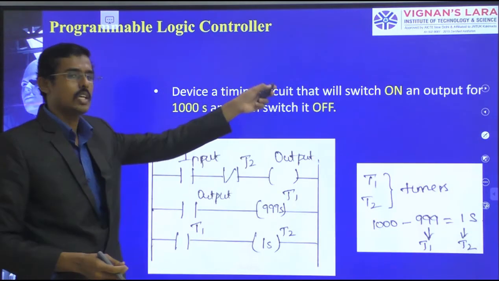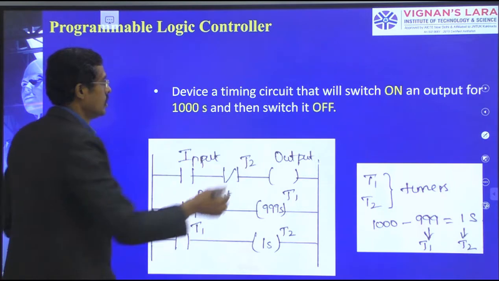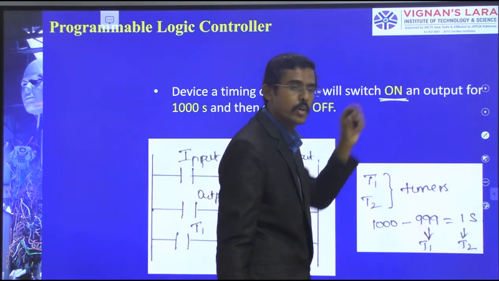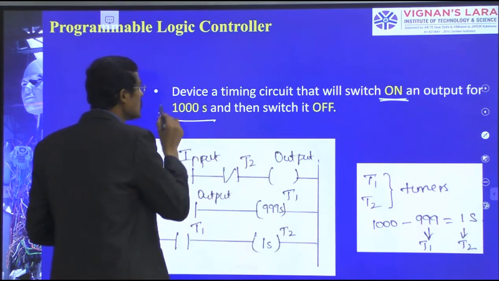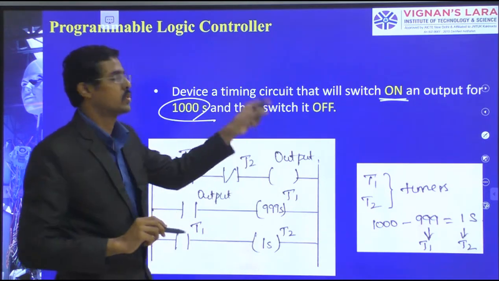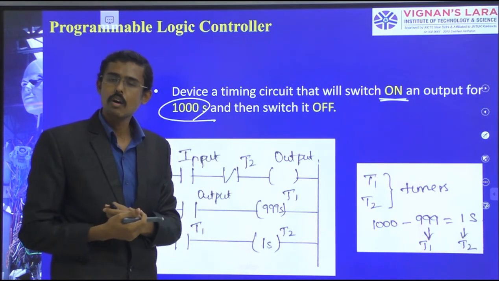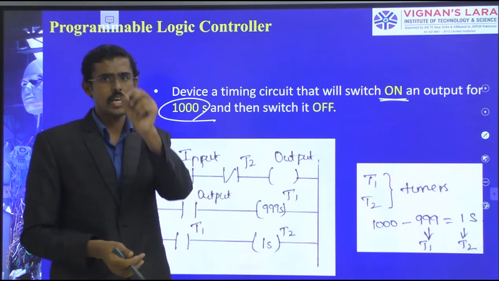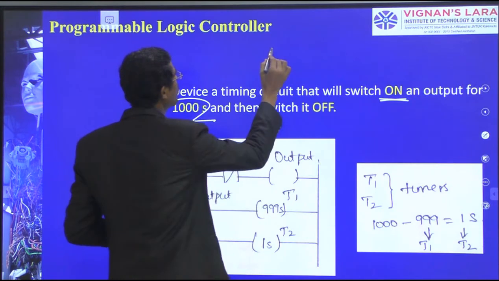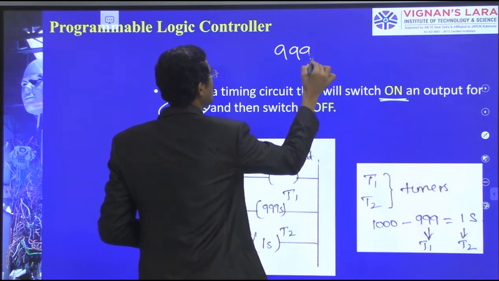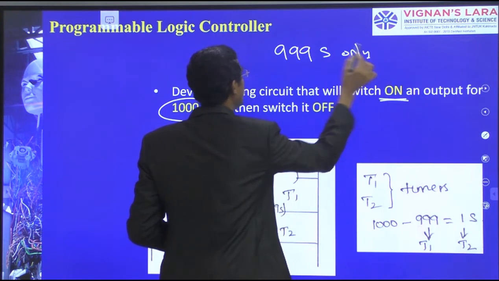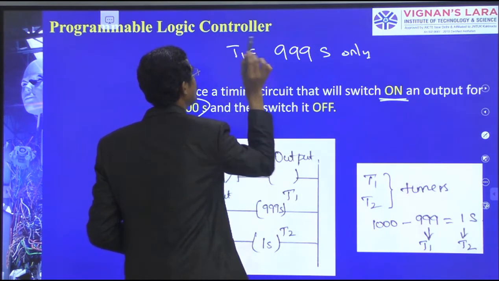Devise a timing circuit that will switch on an output for 1000 seconds and then switch off. Normally, by the software, each timer will work up to 999 seconds only for T1.